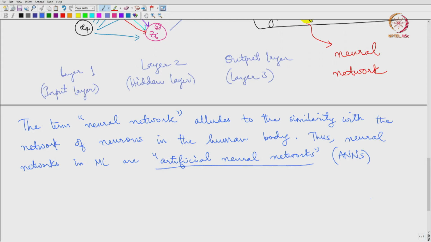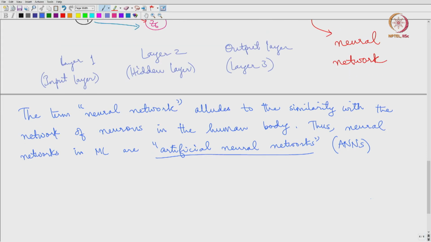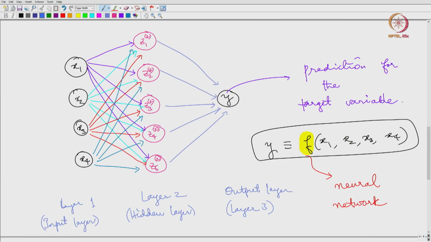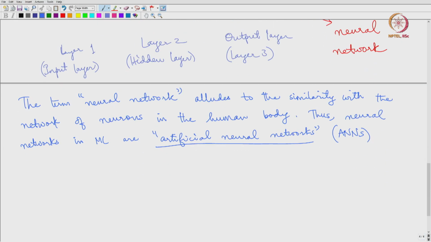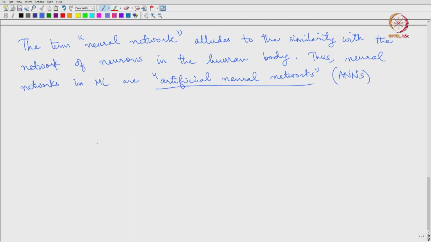Okay. Now, there are various types of artificial neural networks depending on how the nodes are arranged and how information or data flows from one node to the next or one layer to the next. So, let us try to understand the various types of neural networks that are in use today. So, the topic at hand is types of neural networks.